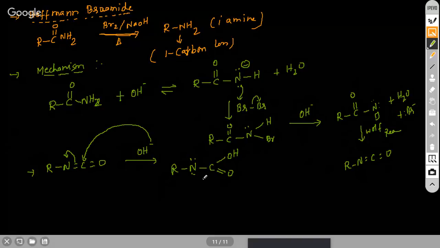Correct. Now in this, what happens? Proton exchange takes place. So this pi electron actually goes here, and this H plus comes out from here, and this H plus will attach onto this nitrogen atom. What you get? RNH C double bond O and O minus. This we call proton exchange.